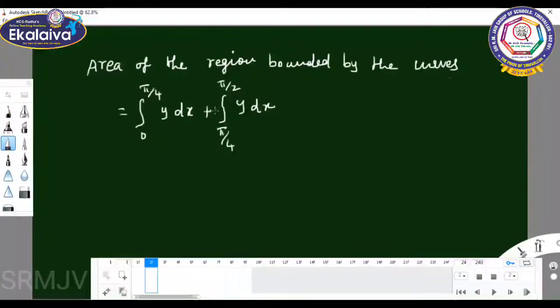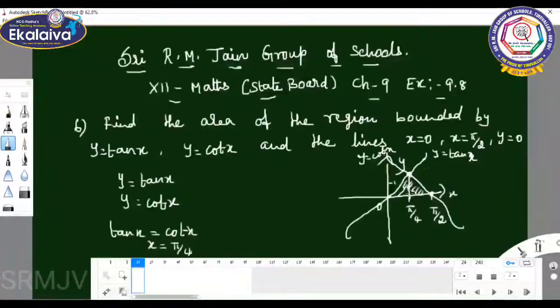From 0 to pi by 4 the curve is tan x, and from pi by 4 to pi by 2 the curve is cot x.